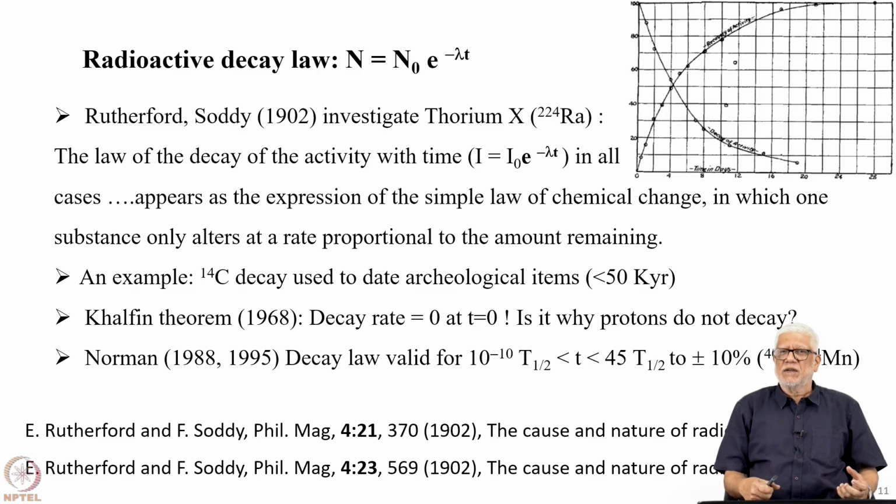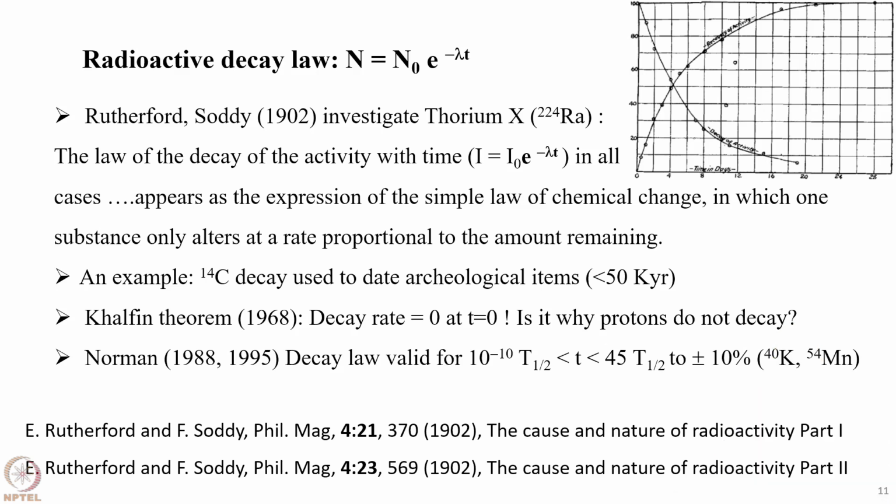After all, a law is only as good as its experimental verification. We know of course that this was found by doing experiment by Rutherford and Soddy in a certain time domain. Norman in 88 and 95 expanded this domain vastly. He found that the radioactive decay law is valid for extremely short time scales of the order of 10 to the minus 10 or greater, and also up to about 45 times the half-life.